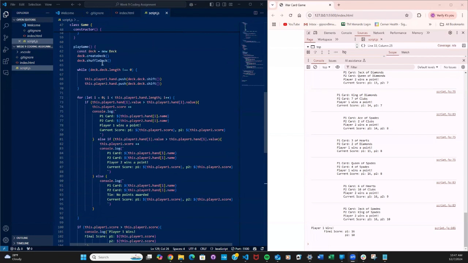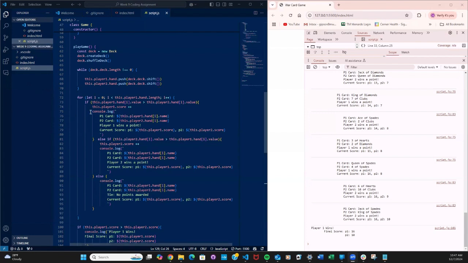You create a deck and then shuffle the deck. And so while deck.length is not equal to zero, this.player1.hand.push(deck.shift), and this.player2.hand.push would also shift as well.